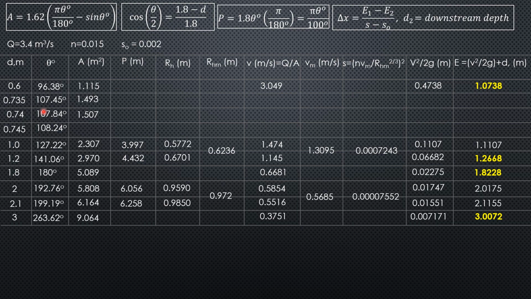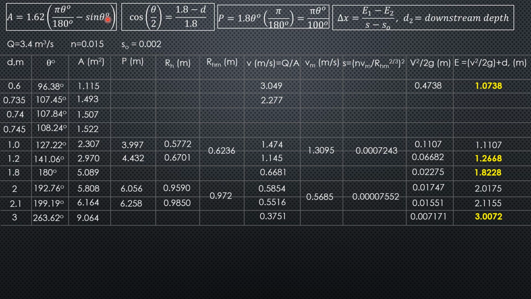And for the area, 1.62 quantity pi, 107.45 over 180 minus sine of 107.45, is 1.493. Then replace 107.84, you will get area of 1.507. Replace this by 108.24, the area is 1.522.